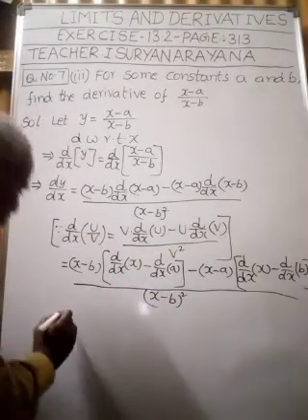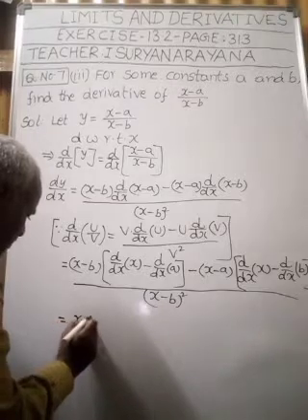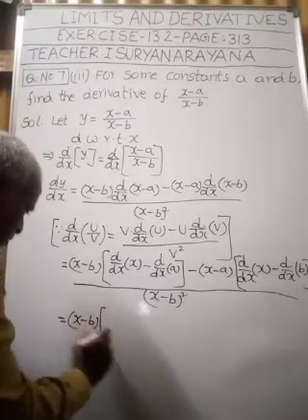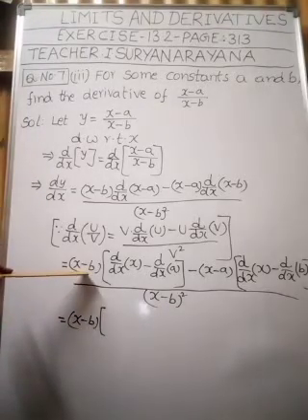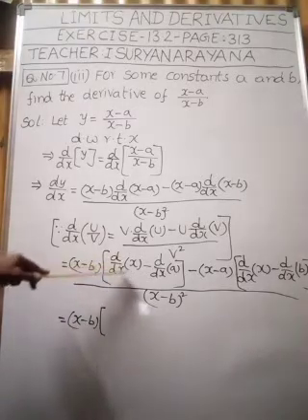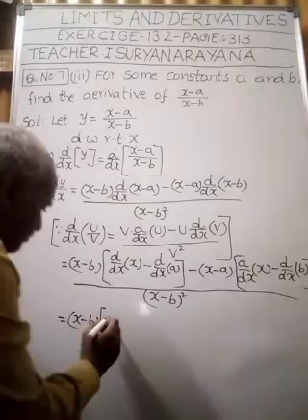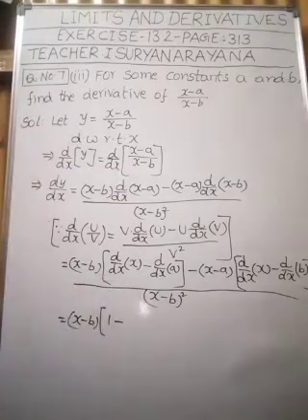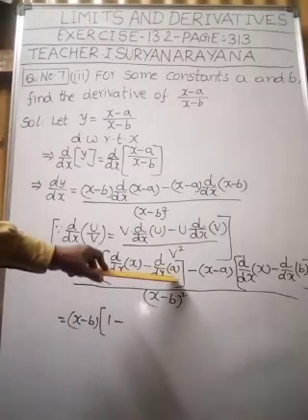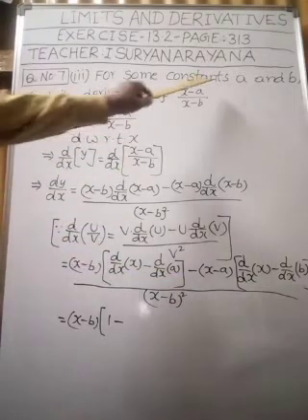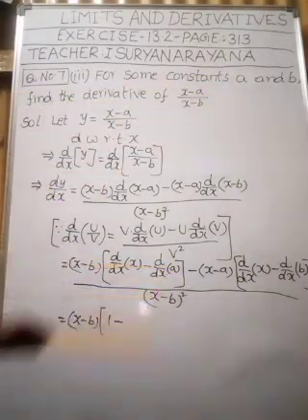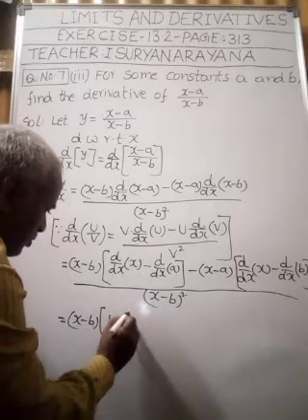Right. This is equal to x minus b. We write this as it is, x minus b into d by dx of x. What is the value of d by dx of x? 1, minus d by dx of a. A means here constant. A is a constant. So d by dx of constant is 0.